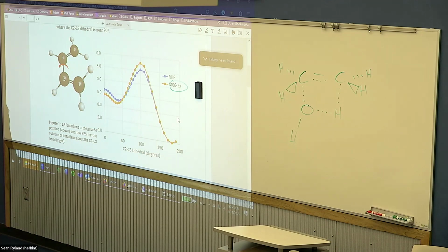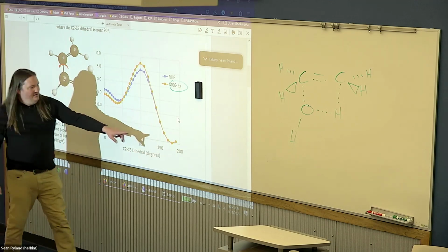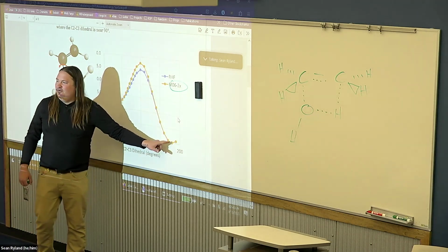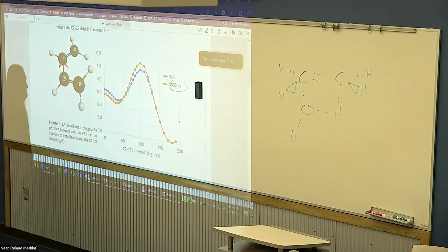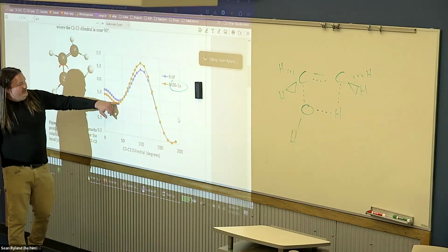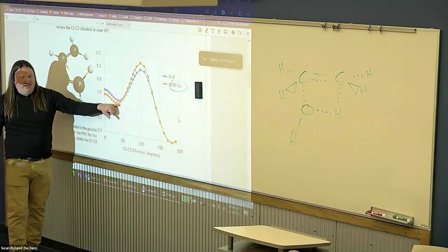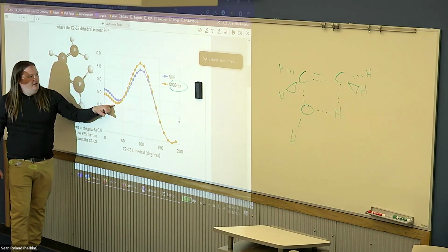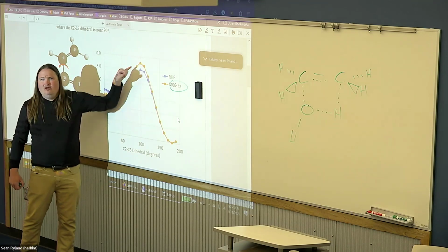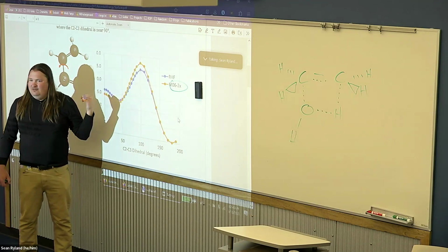Never mind. I had to pick a 0, so I picked both of these. This point is set to 0. So by definition, they're going to be close there because I set them. And the farther away you get from that, you'll notice that the M062X predicts that they're more stable over here, but then a higher transition state energy, and it more closely matches with what we see in reality.